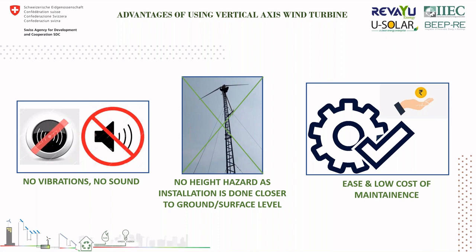For horizontal axis wind turbines, we need to work on their components. We need to add a few components at the base level to ensure that vibrations don't go down. But a vertical axis wind turbine has much less vibration and sound by its nature, by its principle of working. So that's not a problem at all.